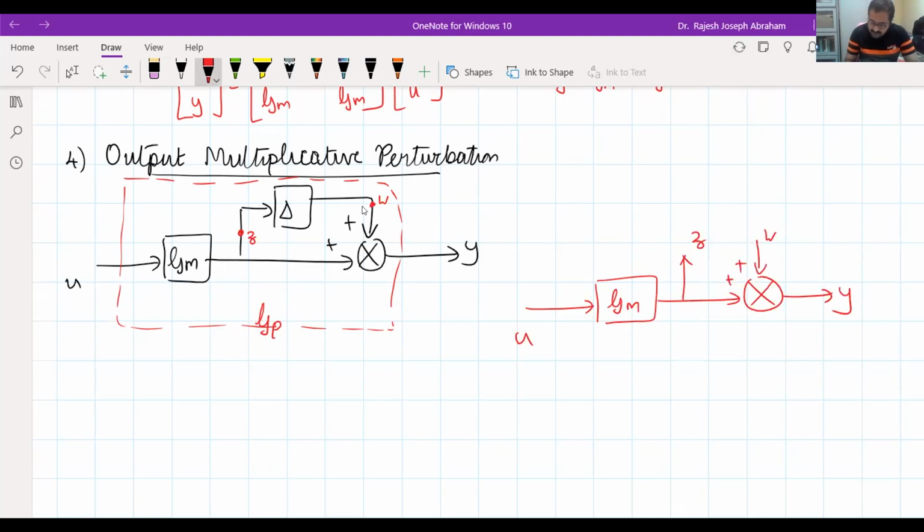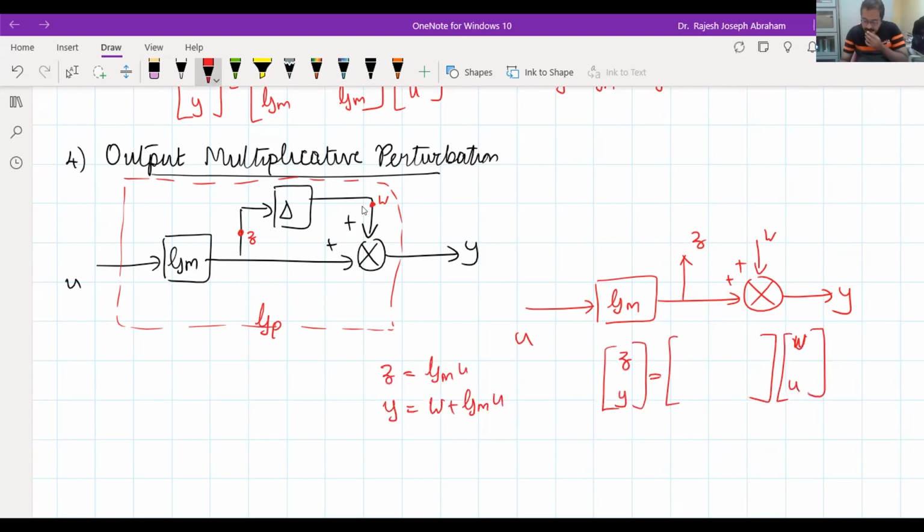So what is Z? Z is nothing but GM into U. Is it not? Z is nothing but GM into U. And what is Y? Y is nothing but W plus GM into U. Okay. So in matrix form, what do you get? Z, Y equal to some matrix into the exogenous input W and U. From this equation, corresponding to U we have a GM term, and corresponding to W we have 0.